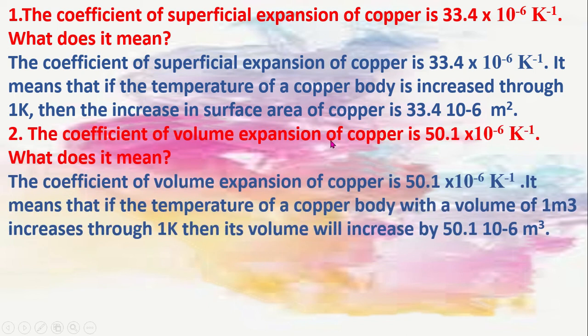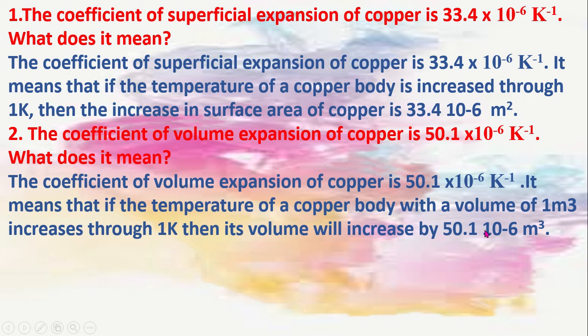The coefficient of volume expansion of copper is 50.1 into 10 to the power minus 6 per Kelvin. What does it mean? It means if the temperature of the copper body with a volume of 1 cubic meter is raised through 1 Kelvin, then its volume will increase by 50.1.